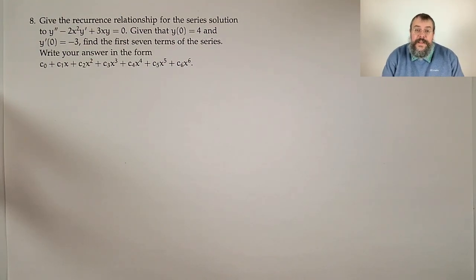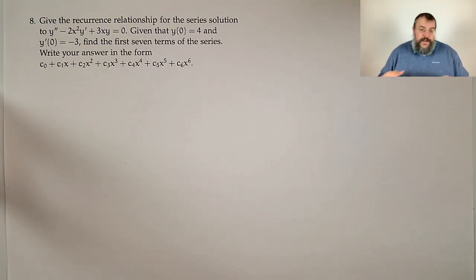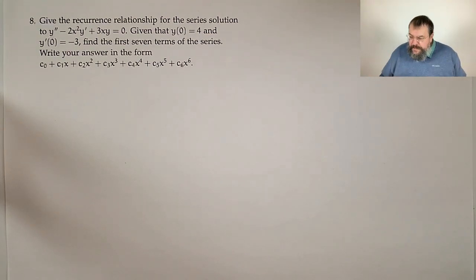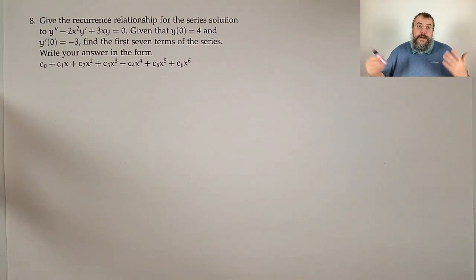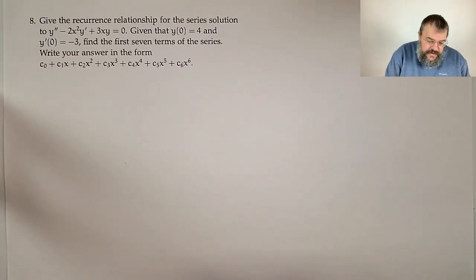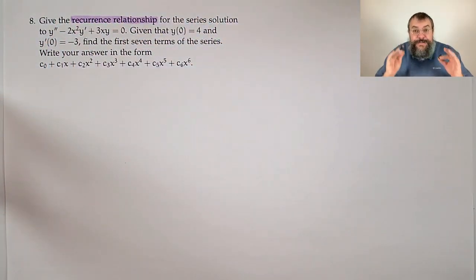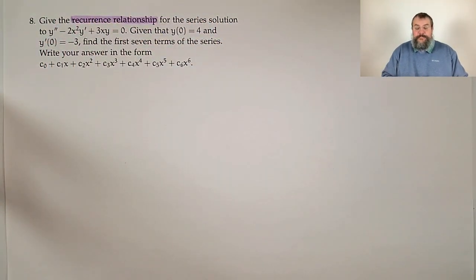And given that y of 0 is 4 and y prime of 0 is negative 3, find the first 7 terms of the series and write your answer in the form given. So in other words, we don't have to find the whole series, but we have to find the initial part. The main part of this problem, really of any of these problems, is getting that recurrence relationship. That's the most important thing we need to focus our energy on.